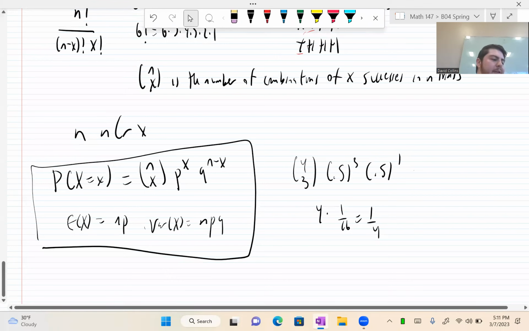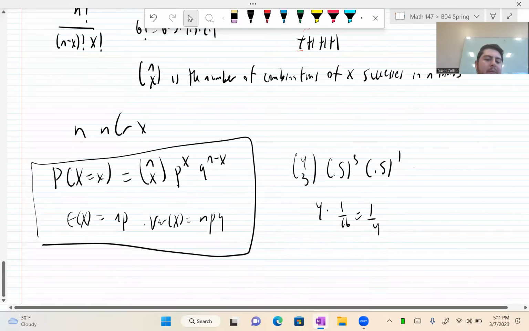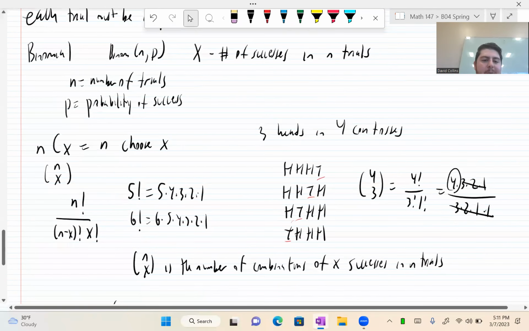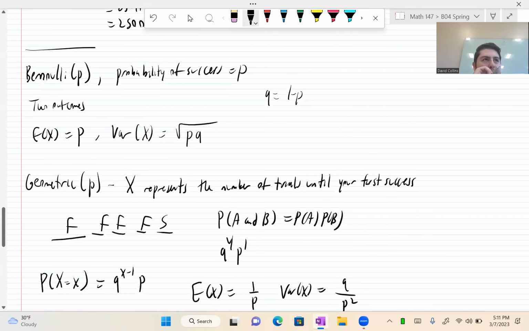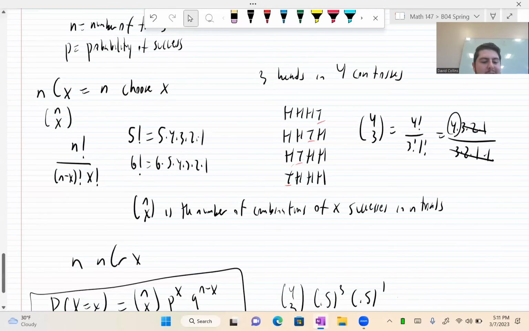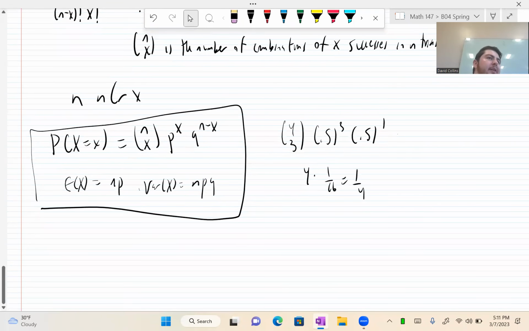In the textbook, they give it in terms of standard deviation, but you can manipulate variances. You can't manipulate standard deviation. If you know the variance, standard deviation is the square root. Notice how this is p and square root pq, and this is np and npq. That's because it is the sum of independent Bernoulli trials.